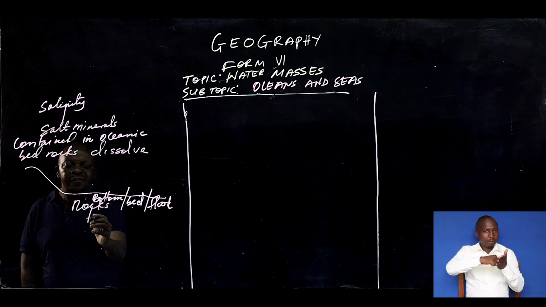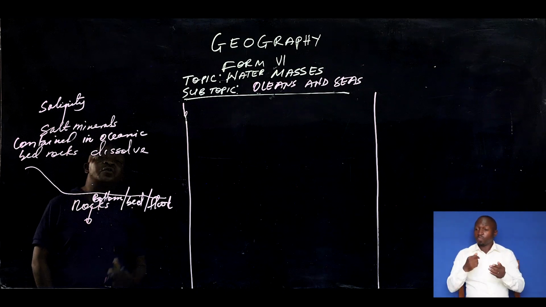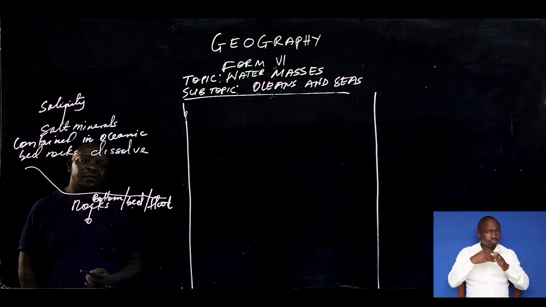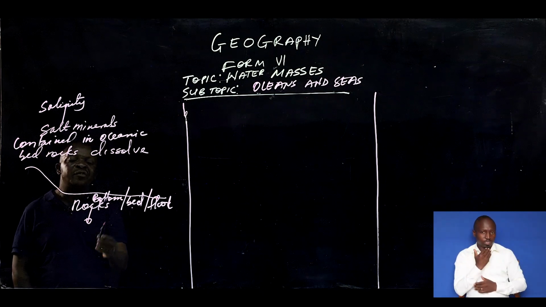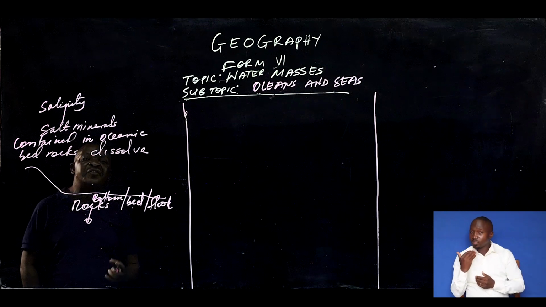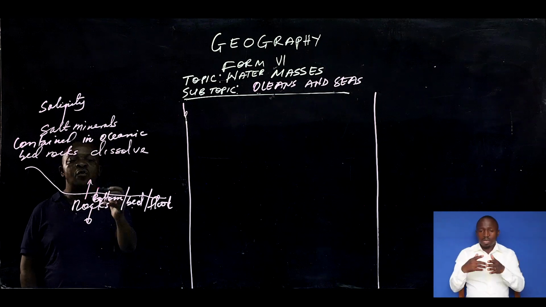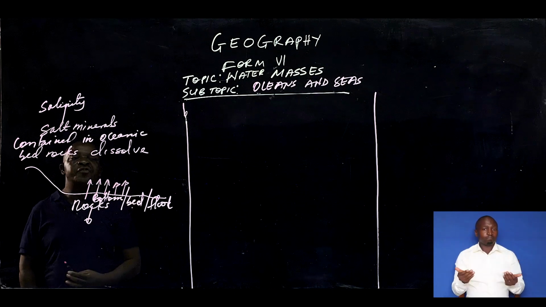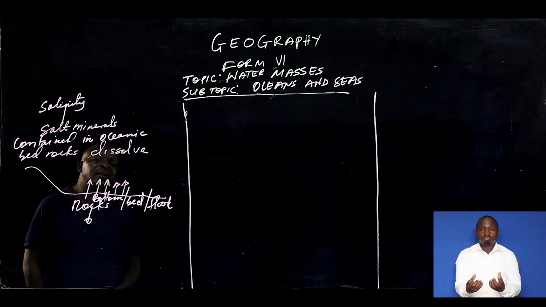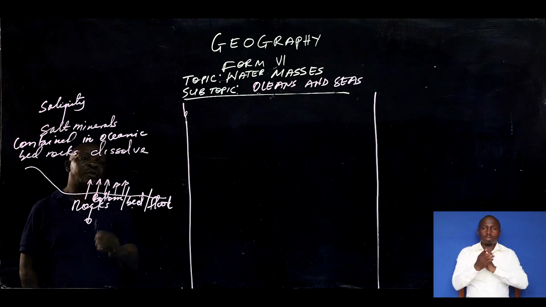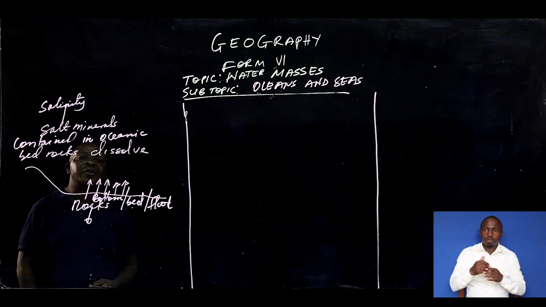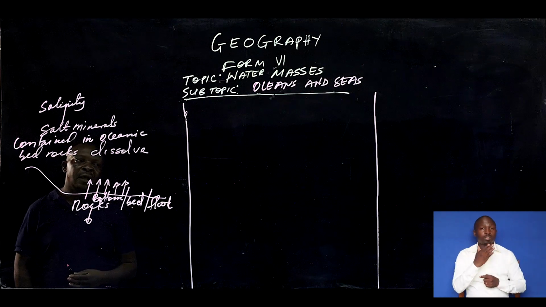Now, in the rocks, minerals are contained, including those of salts. Salt minerals, owing to their profound nature, easily dissolve into oceanic water. So by this, oceanic water is made saline. So here we have considerable chemical composition. We used to call it salinity.